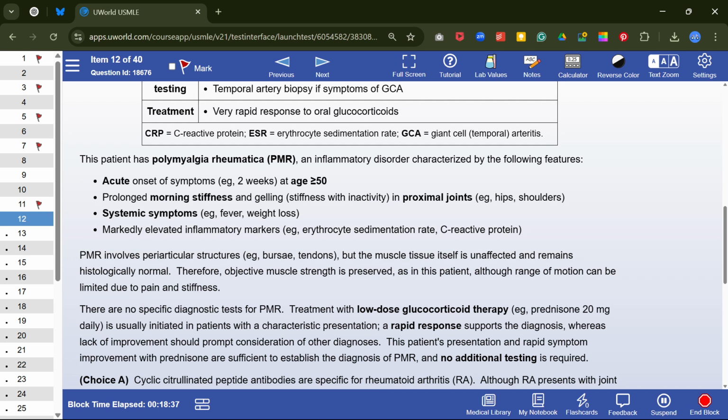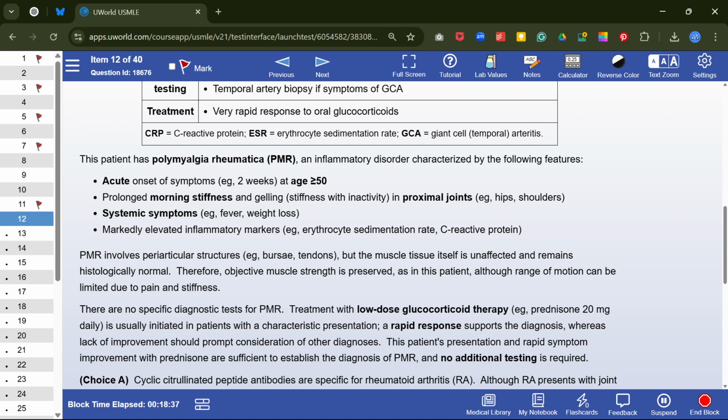PMR involves periarticular structures, bursa and tendon, but the muscle tissue itself is unaffected and remains histologically normal. Therefore, objective muscle strength is preserved as in this patient, although the range of motion can be limited due to pain and stiffness.